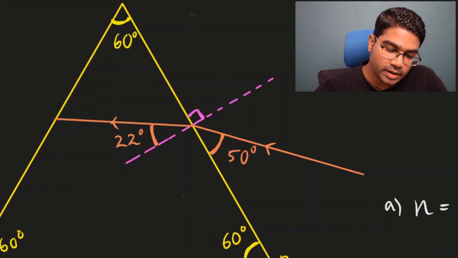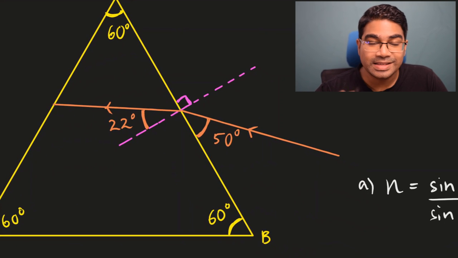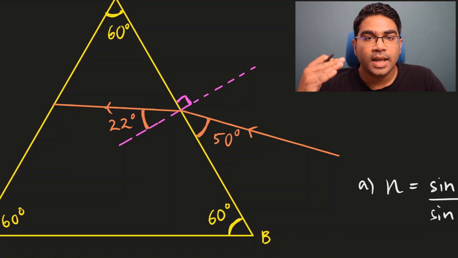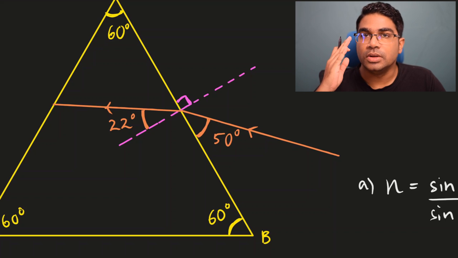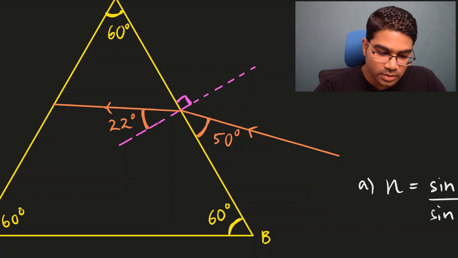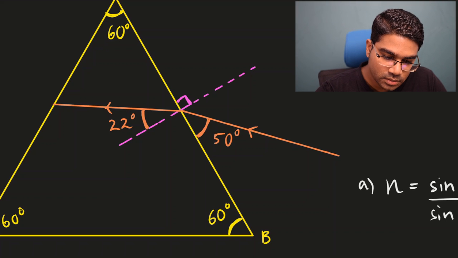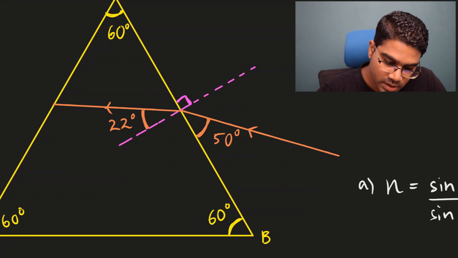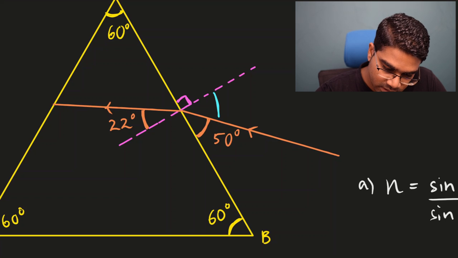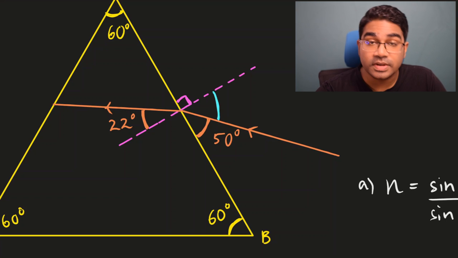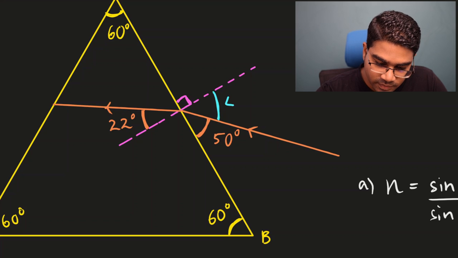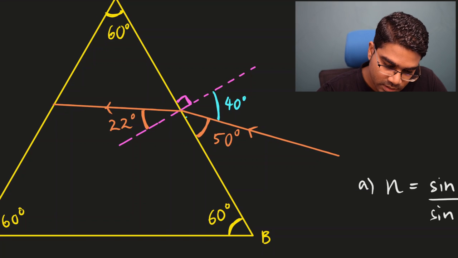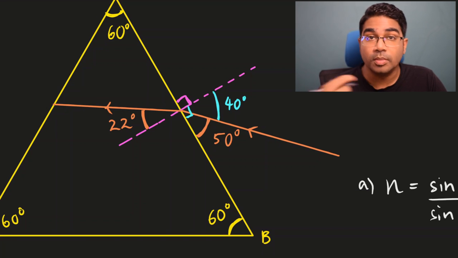When we are taking i and r, we must always be aware that this is the angle between the light ray and the normal, not the surface. So here we have the normal, and the angle between the normal and the light ray is this. So we cannot take 50 as our incident angle. So this is 40 degrees, because this is 90 degrees. It is the normal.